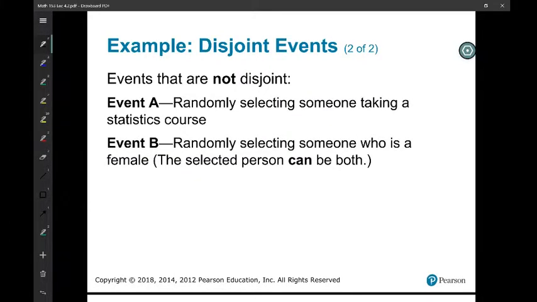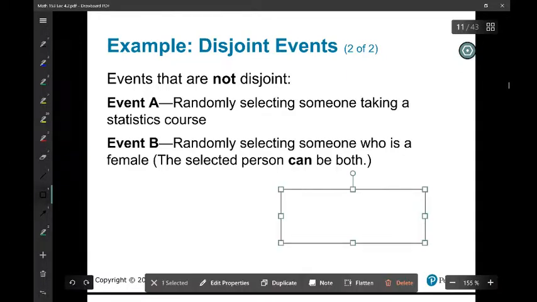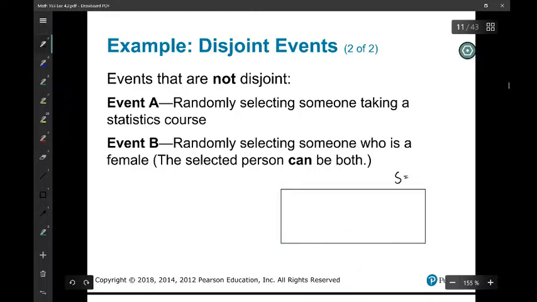And an example of an event that is not disjoint would be event A, randomly selecting someone taking a statistics course, and event B, randomly selecting someone who is a female, because it's possible to be both a female and in a statistics course. The depiction might look like this: here is the sample space. The sample space consists of students in a stats course.